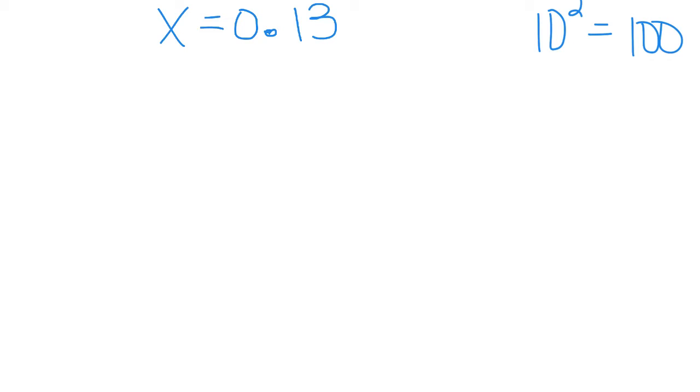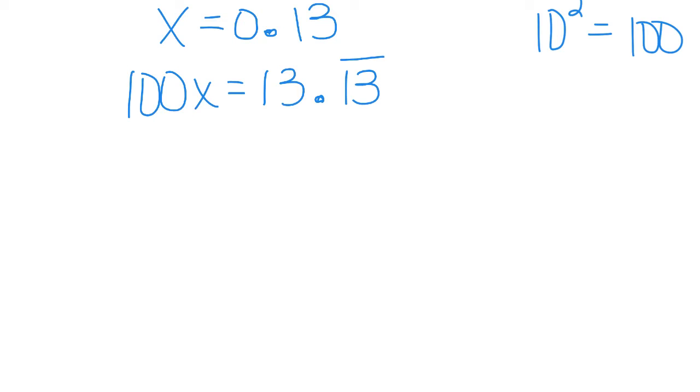So 100 times x is 100x. And if I multiply 0.13 repeated times 100, it's going to move my decimal 2 places to the right. That's going to give me 13.13 repeated.